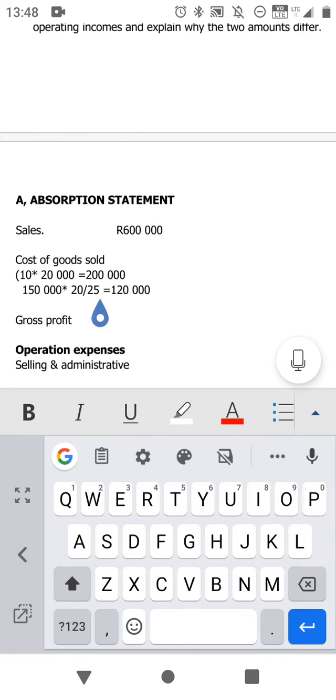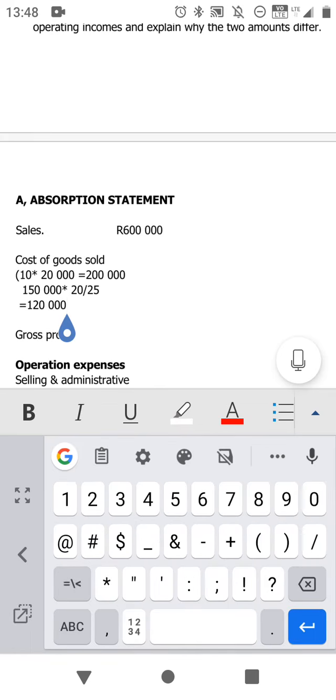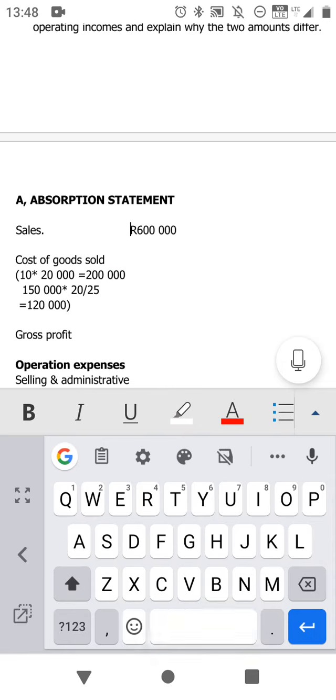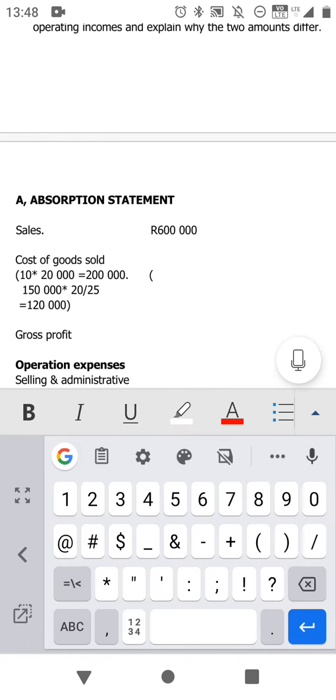Okay, let me put it down. Now you add 200,000 plus 120,000. Then it will give you the cost of sales under absorption. 200,000 is for variable, 120,000 is for fixed.